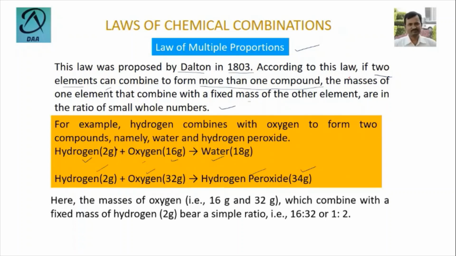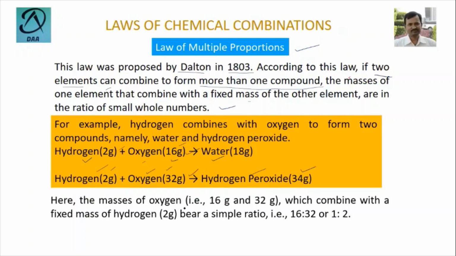So in each case, for the water, 2 grams of hydrogen react with 16 grams of oxygen, and for hydrogen peroxide, 2 grams of hydrogen react with 32 grams of oxygen. So for the same amount of hydrogen, the amounts of oxygen that react to give different products, water and hydrogen peroxide, are 16 grams and 32 grams.